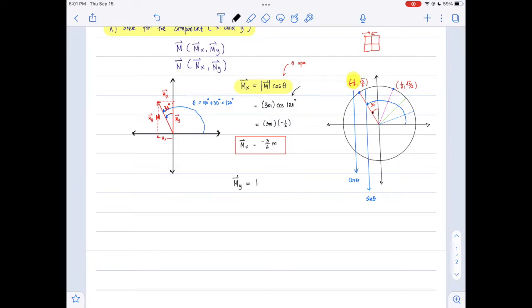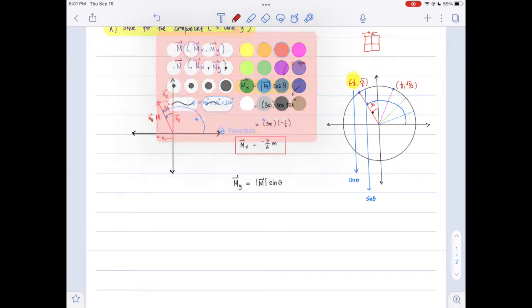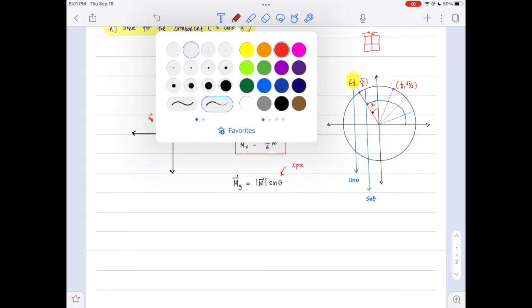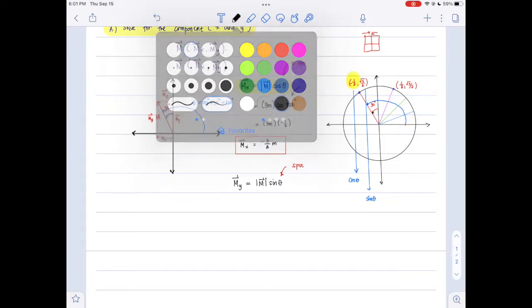Automatically, ang form ana niya is just the magnitude of the vector itself and then the sign. Basta y ka, sign na siya automatic na component. But again, this works when your theta here is still standard position angle. Meaning to say, you measure it from the positive x-axis nimo.